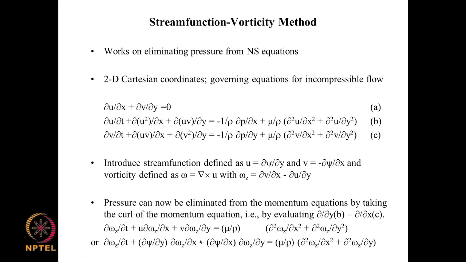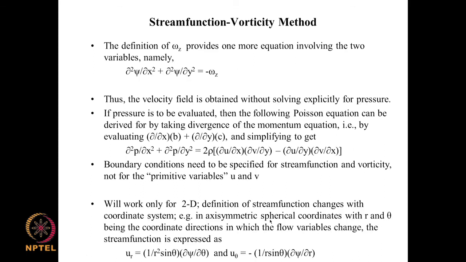If you want to do the same thing for axisymmetric spherical coordinates, you have to define u r and u theta in this way in order for the corresponding continuity equation in the r theta spherical coordinate system to be satisfied. So the definition of stream function changes with coordinate system. If you write the stream function definition properly, then it is possible to solve for the velocity field and pressure field without having to explicitly solve for pressure right in the beginning.